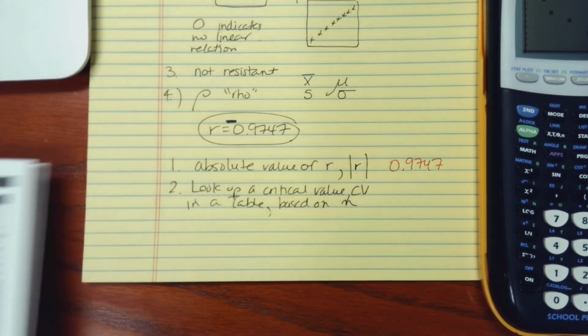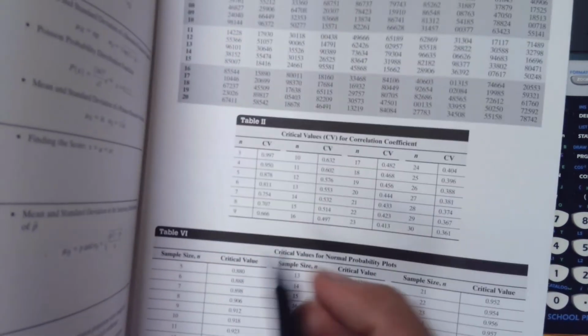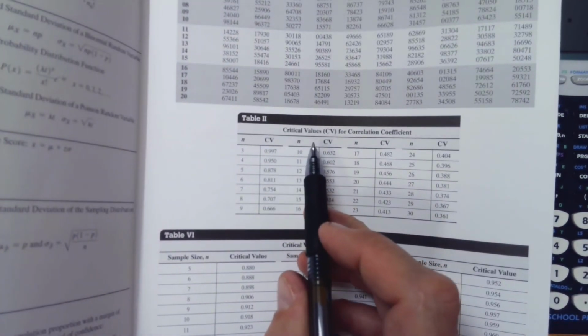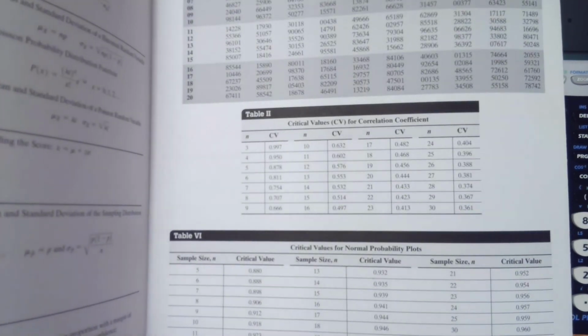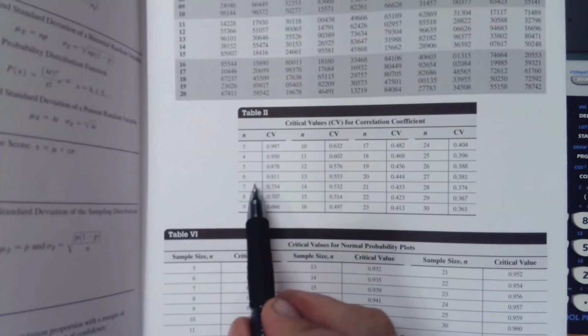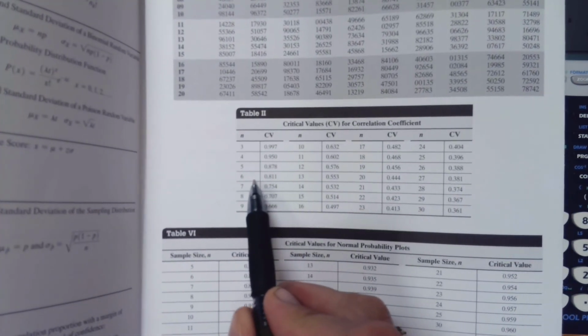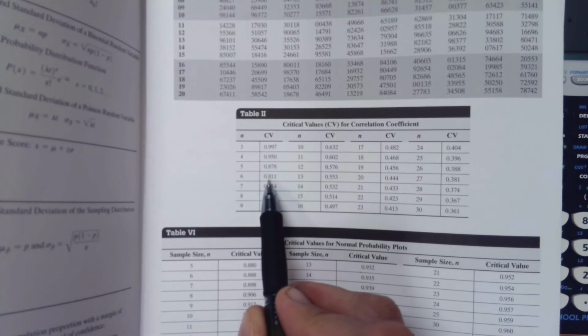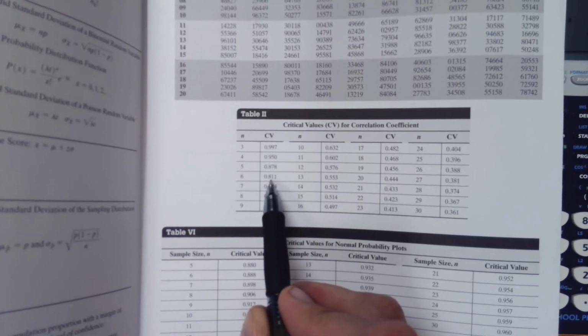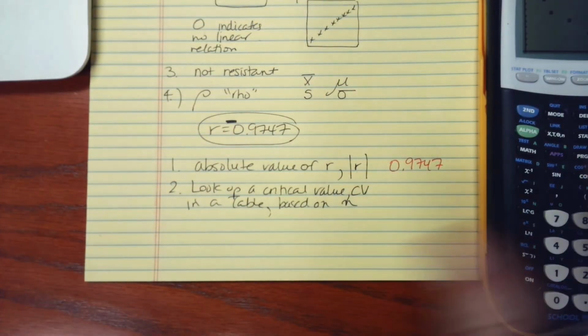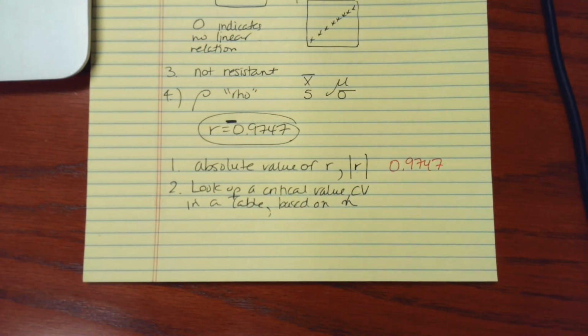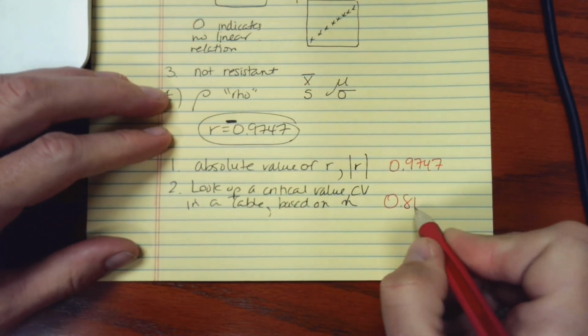That's your sample size. So here's an example of a critical value table for the correlation coefficient. My sample size was 6. And so you see right next to it is a critical value. This is 0.811.